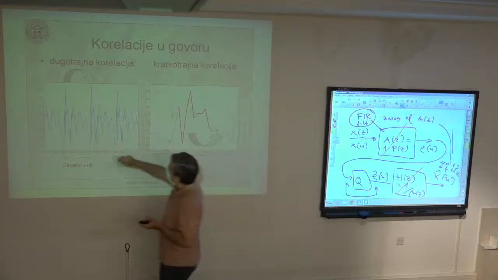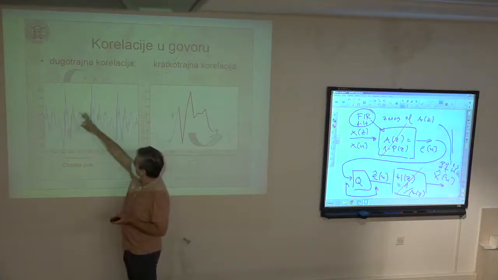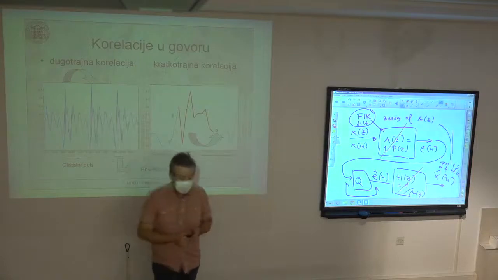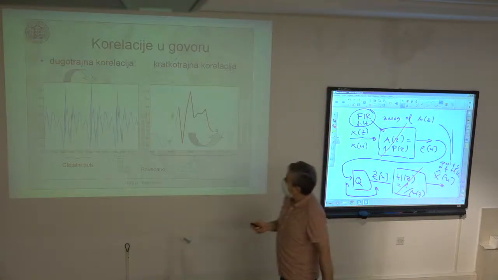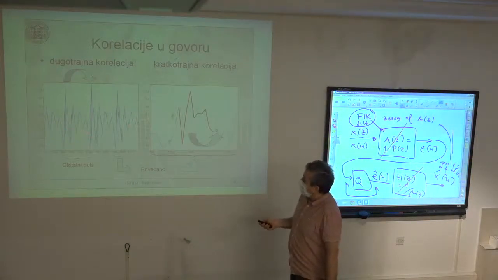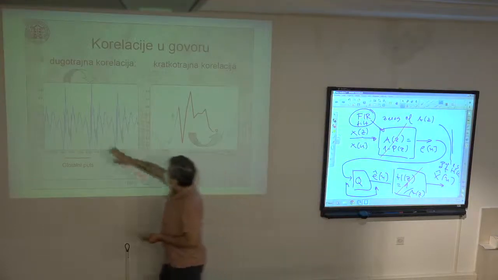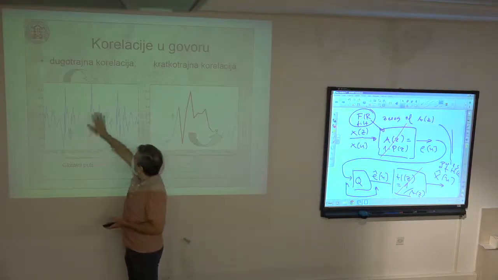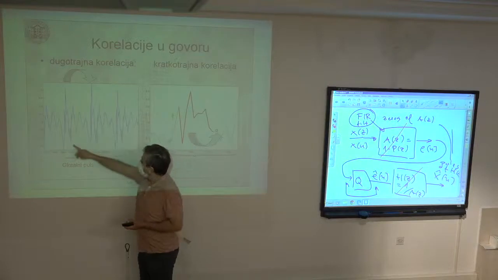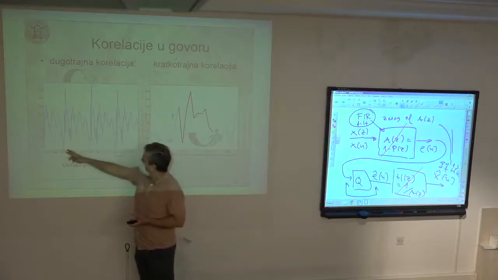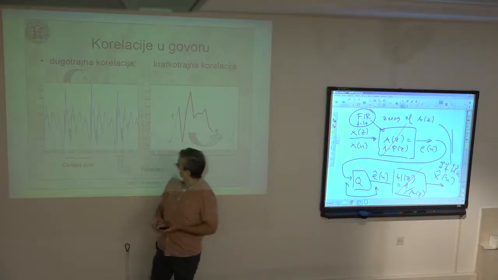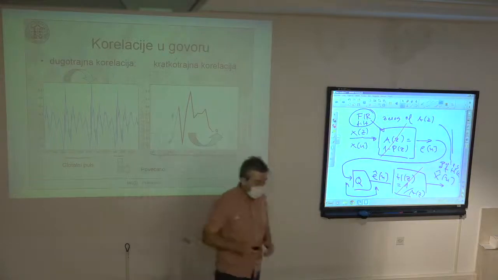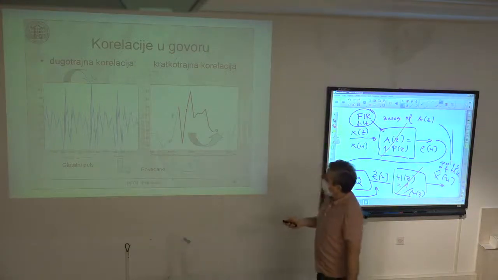So for each opening and closing of the vocal folds, I have one such output pulse at the output of the vocal tract. And obviously, this period is very much similar to this one and to this one. So I have some kind of long-term correlation.